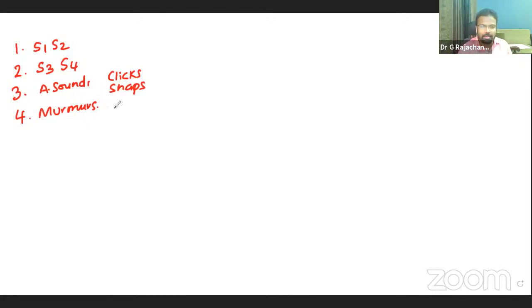Now remember, murmurs are categorized into so many types, but if you want to classify them in a simple way, see this: aortic valve, pulmonary valve, tricuspid, and mitral.